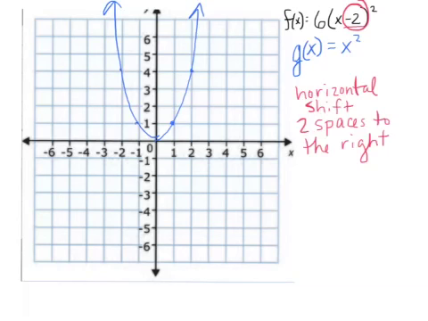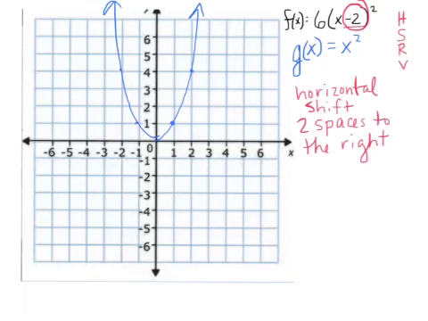And when you have more than one transformation that you're going to do to a function, we have to take a look at the order that we're supposed to do those in. And the order for those, I usually just write it down. I remember HSRV. And the H stands for horizontal shifts, which is what we're going to do first. And we do have one of those, so we'll do that first.